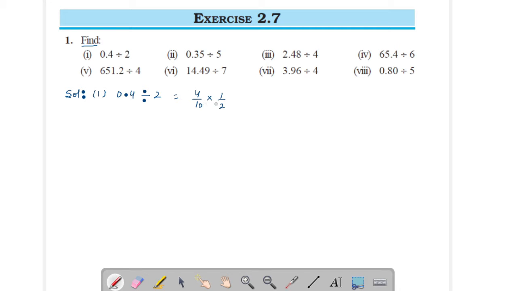Here you can cancel the terms. 4 and 2 can be cancelled by 2. 2 1 ja, 2 2 ja, 4. This can be written as 2 upon 10. Put decimal, you will get 0.2. This is your answer. Now come to second part.